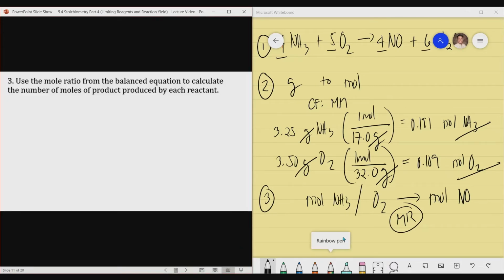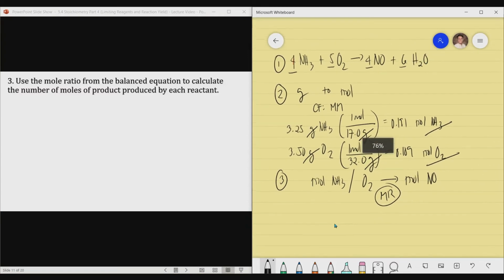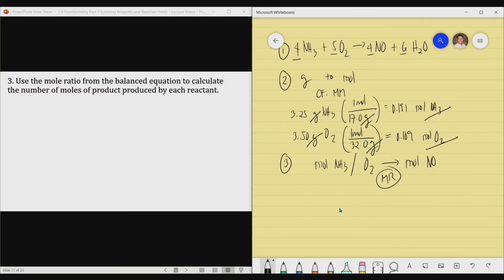So let me just solve for that one or write the solution for everyone to see. Kukunin ko lang itong binigay na sagot, 0.191 mole of NH3 and then 0.109 mole of O2. Again, i-convert ko daw sila into mole NO. So ang ilalagay ko dito ay mole NO sa taas for both of them.